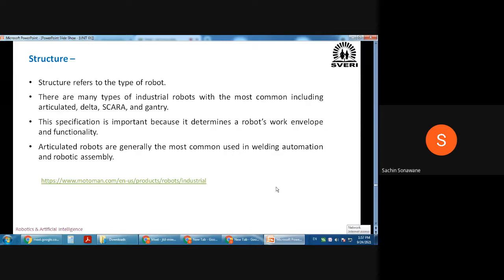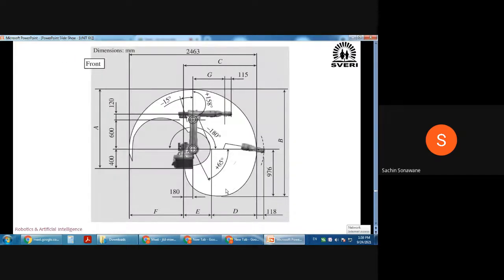Now we'll see on this website how the robots are specified. First of all, we'll see one example. See that this is the front view of this robot. It consists of different dimensions, vertical dimension as well as horizontal dimensions.